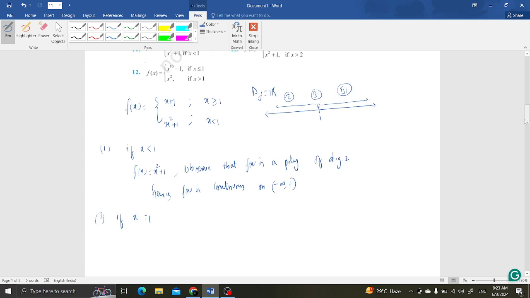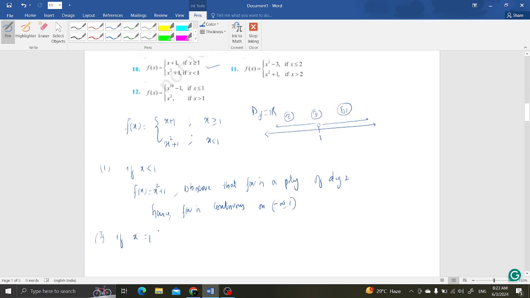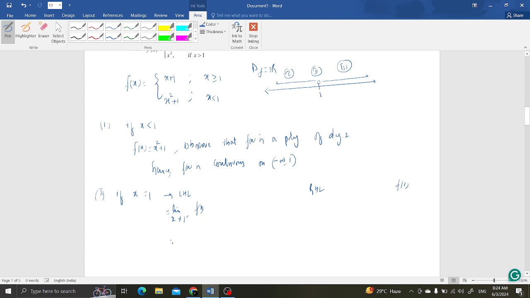If we are discussing at x equal to 1, then we need to discuss its LHL, RHL, and its function value at 1. So how can we find LHL? Limit x tends to 1 negative f of x, that is limit h tends to 0 f of 1 minus h.